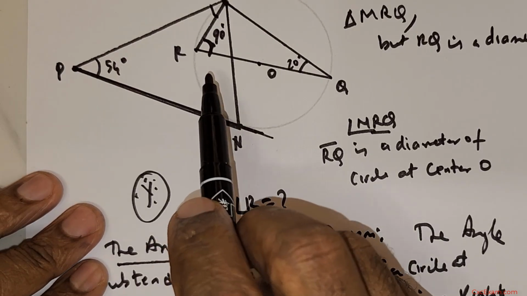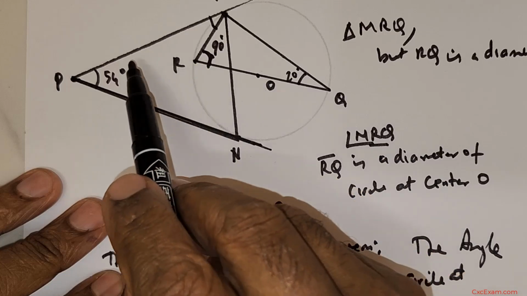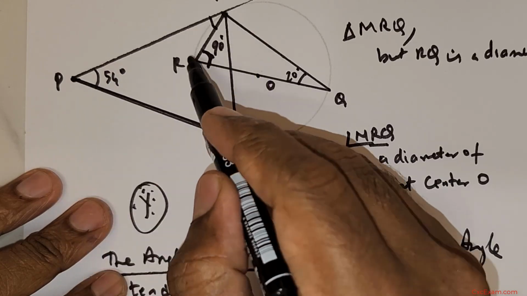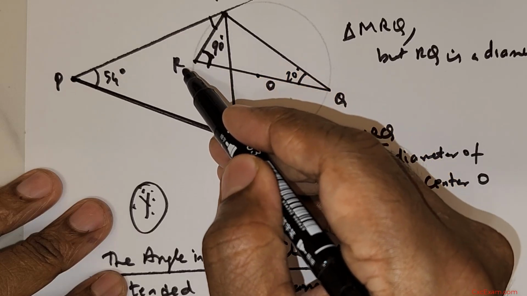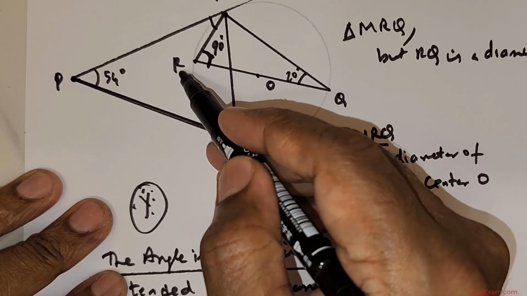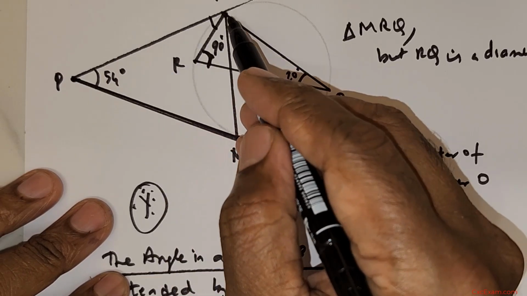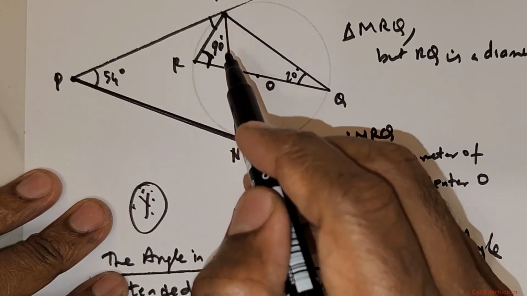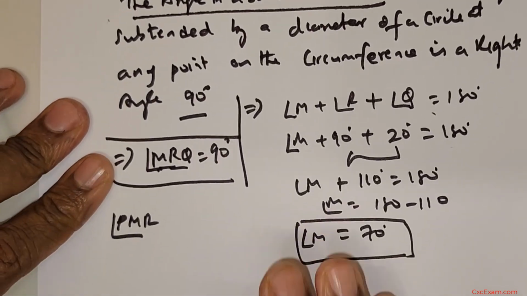Let me draw your focus to the diagram. Now PM is a tangent and RM is a chord, and the angle M is created by RM when it makes contact with PM exactly at the point of tangency. So I'm going to state the theorem.